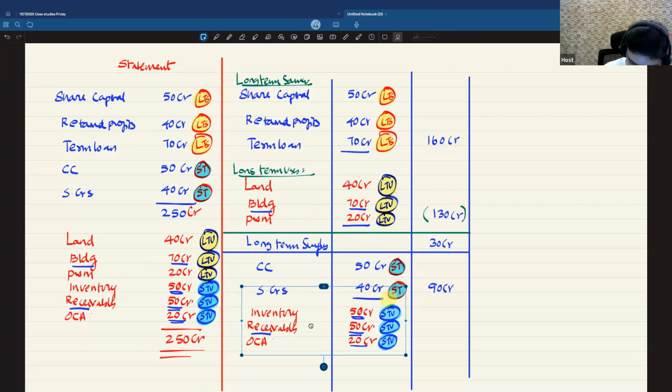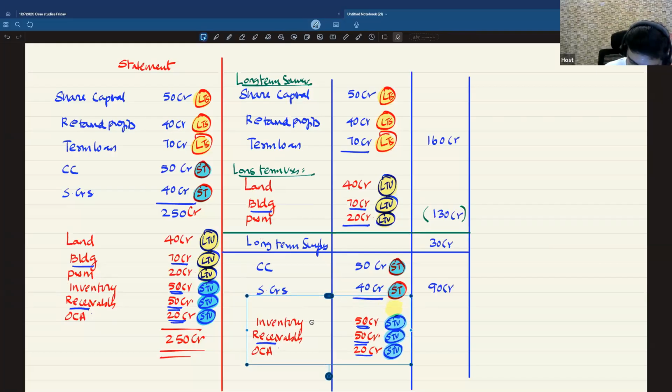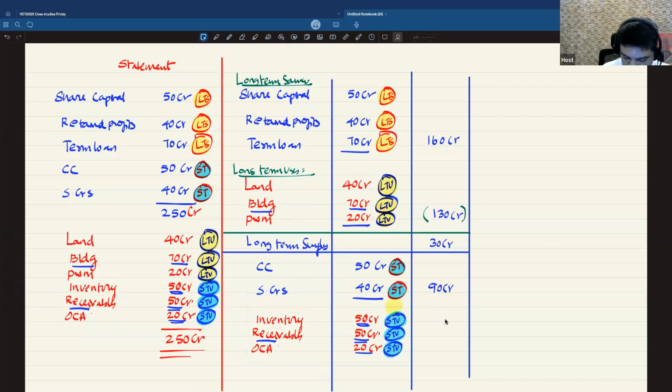Let me put that over here. Their short-term uses, let me put that in brackets to show it is a usage. Their short-term use is actually 50 plus 50, 100 plus 20, 120 crore. So the source is 90 crore and the use is 120 crore.